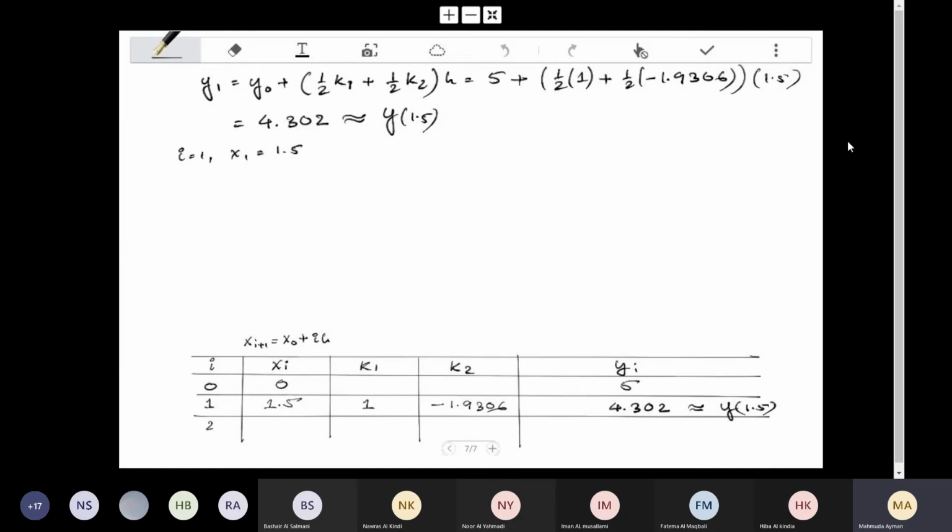When i is equal to 2, xi, which is x2, equals x0 plus 2 times h, which is 1.5. So 2 times 1.5 is 3, plus 0 is 3. So when we get the value of y, that would be y at x equal to 3. Now we'll find k1, then k2 and y2. That would be the approximated value of y at x equal to 3.